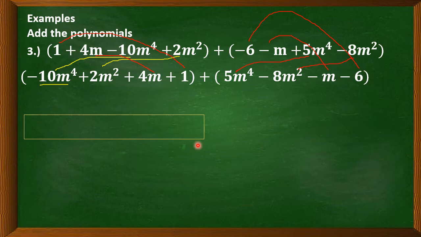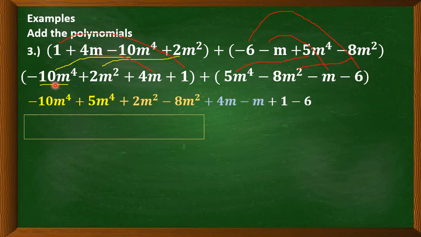So we can combine negative 10m to the power of 4 and 5m to the power of 4. Next, we have here 2m squared and negative 8m squared. Then we have 4m minus m. And finally, we have 1 plus negative 6.